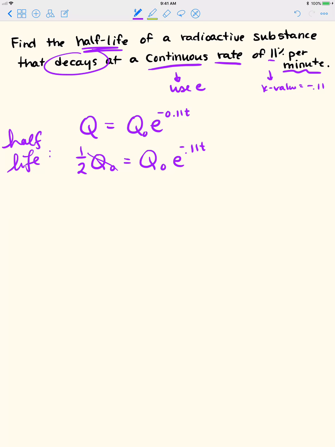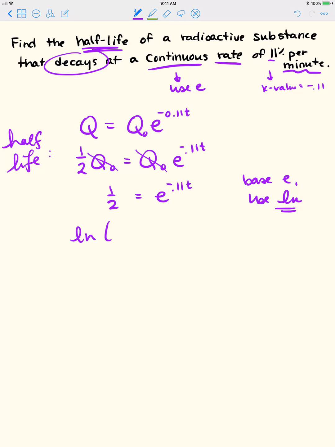The initial value variables divide to 1. You're left with 1/2 equals e to the negative 0.11 t. So we have a base with an exponent. That's where our variable lives. It equals another number. We can apply logarithms, but because we have a base of e, I'm going to apply natural log to both sides.